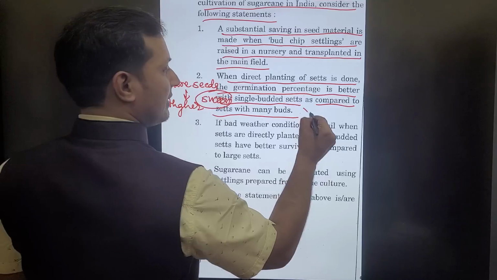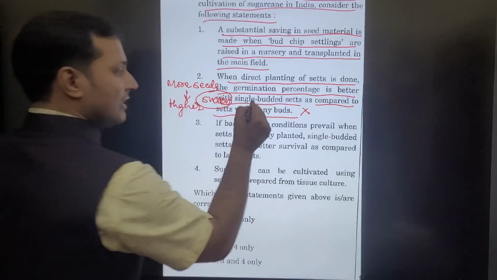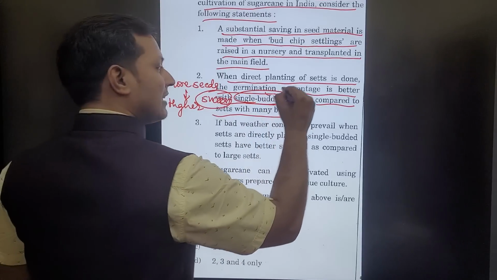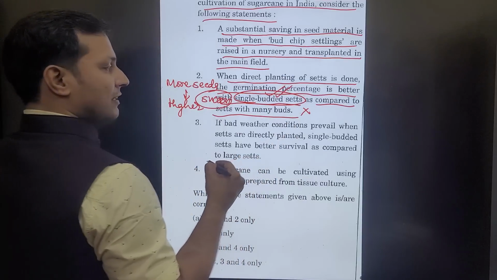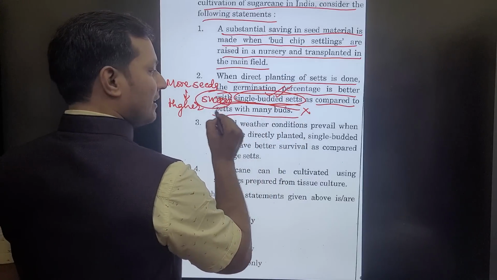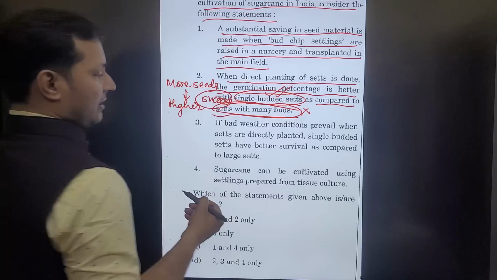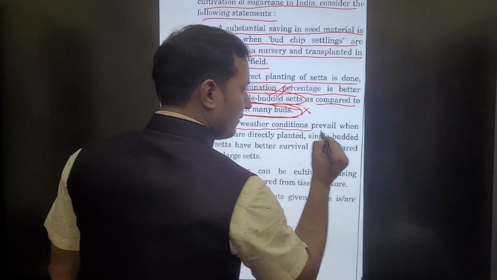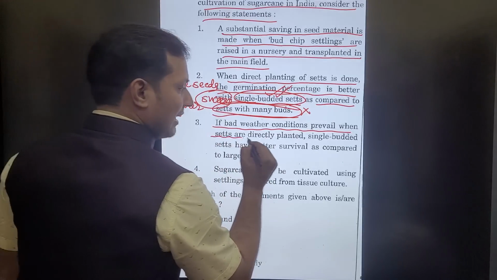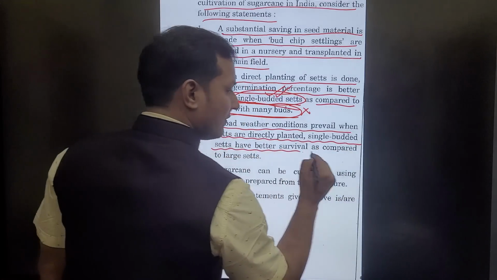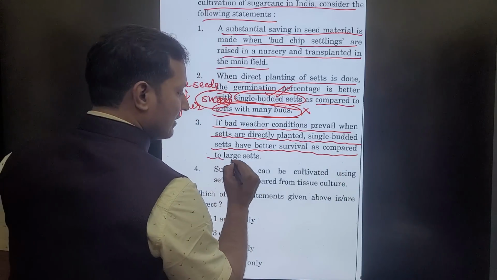Obviously this statement is incorrect because it says that single budded sets have a higher percentage of germination success compared to multiple budded sets. Let us read the third statement. If bad weather conditions prevail when sets are directly planted, single budded sets have better survival as compared to large sets.